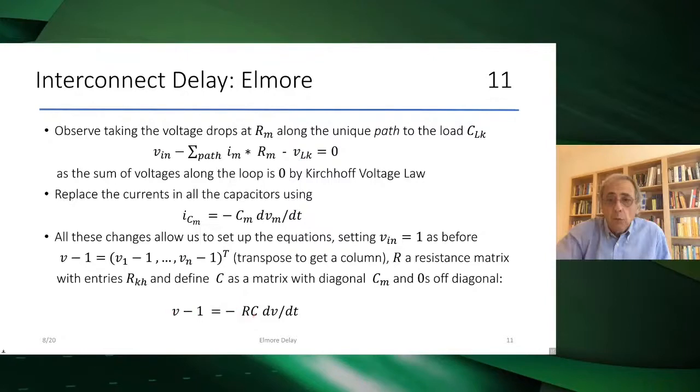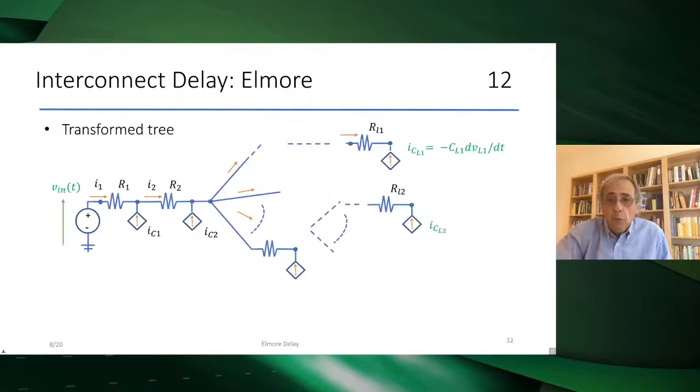and this gives us something with the C's, the capacitors, that only multiply their own voltage. So this matrix C is diagonal, and we have a matrix of resistances that is not diagonal, and we'll look at that. But we get a very similar equation, conceptually speaking, a first order differential equation for the vector of the voltages.